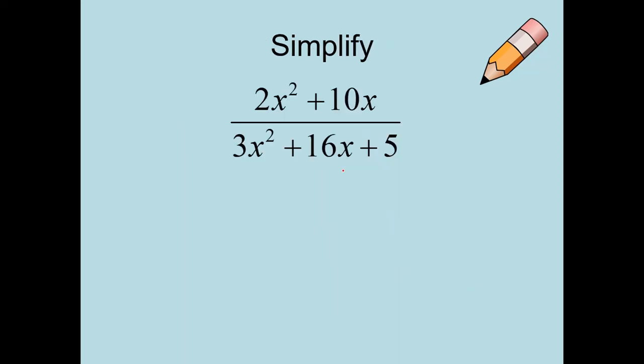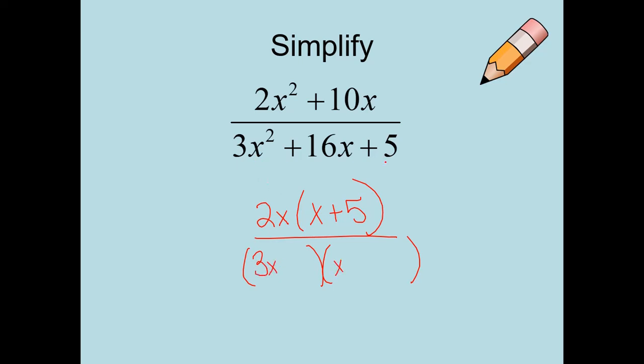Let's try another one. 2x squared plus 10x over 3x squared plus 16x plus 5. So let's factor the top. Take out a 2x. That would be x plus 5, it looks like. Looks like I gotta guess and check the bottom here. So 3x and x will make 3x squared. Now I need two things that multiply to give me 5. Let's do a 5 and a 1. It needs to be a positive.